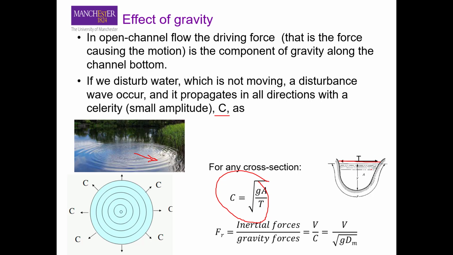For example, a is the wetted area, and if you use this, you can calculate c, that gives you the effect of gravity on the movement of this ripple.